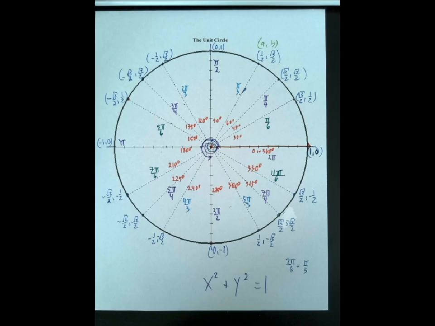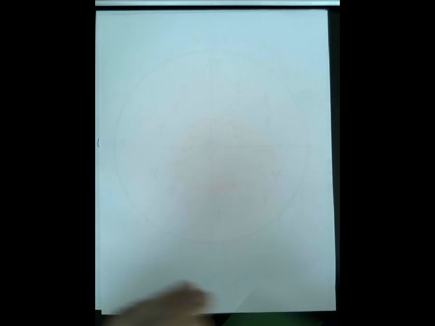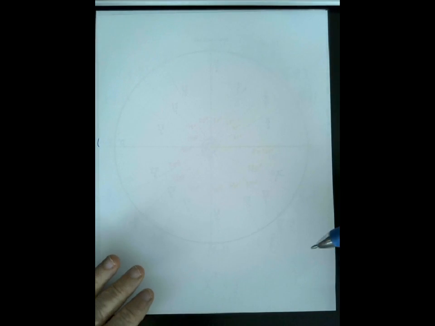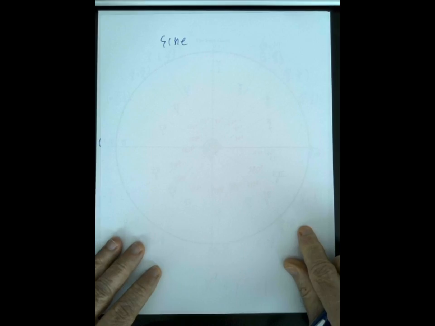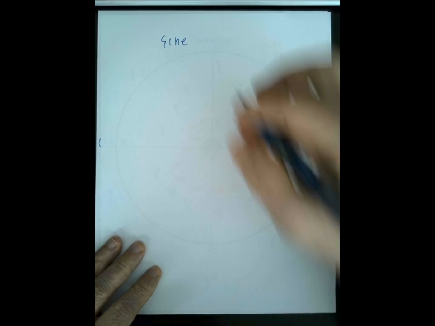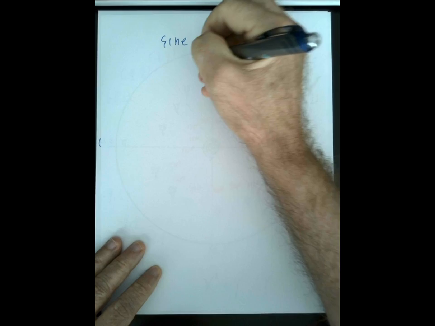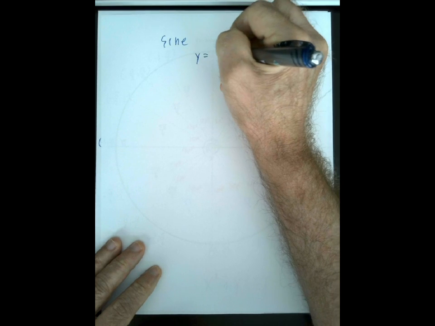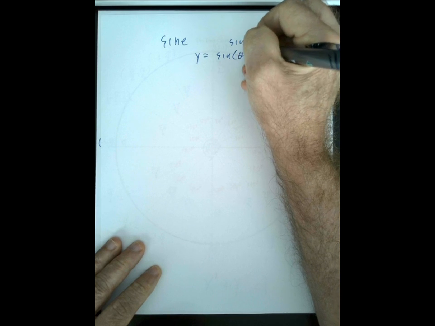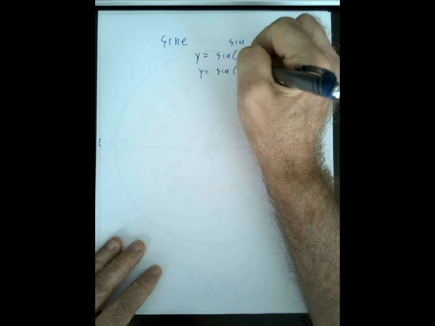Here it is. Here is how we define the sine function, which is S-I-N-E when you spell it out, or S-I-N is the abbreviation. It is like this: y equals sine theta, or y is equal to sine x if you want.